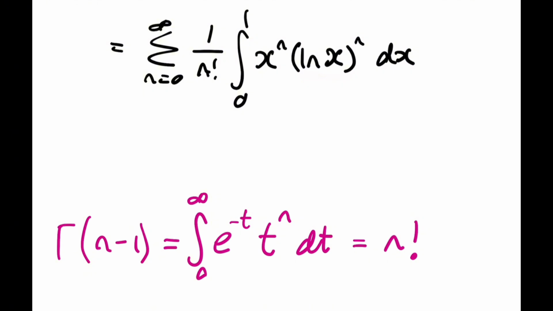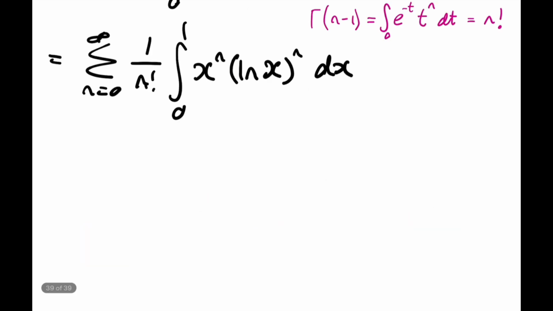And those two things are obviously very closely related. So I'm wondering if we can do a substitution to get from our integral to the gamma function, because if we can do that, we know the result of the gamma function.